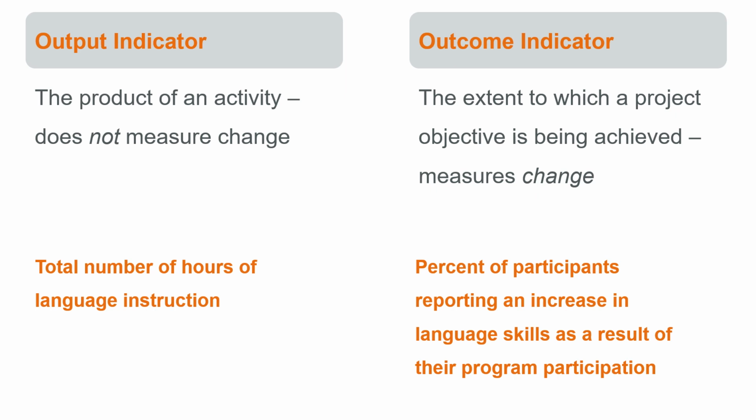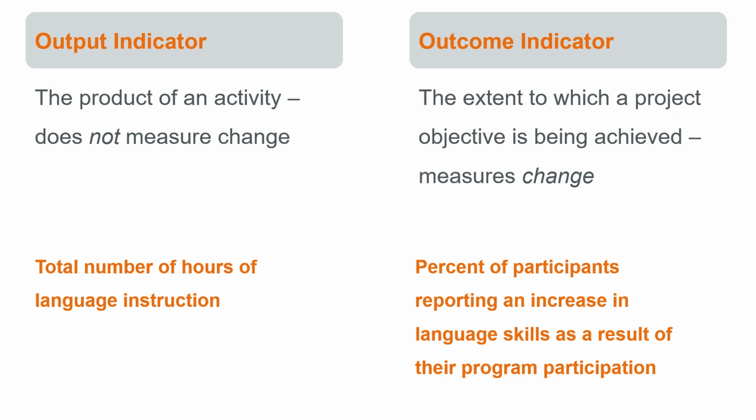So, going back to our example of language instruction, the number of hours of language training is an output because it sits squarely within the control of program implementation through the program's activities. The program can decide how many hours of instruction to provide and work to ensure those hours are conducted.